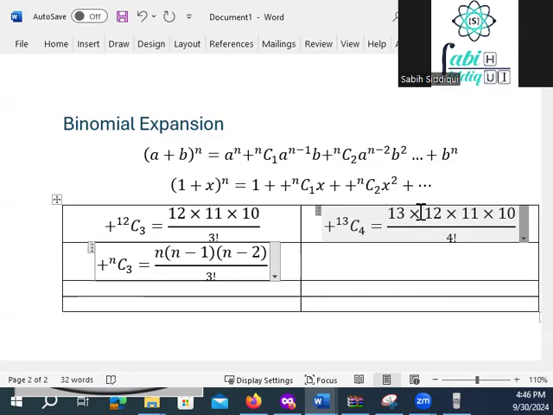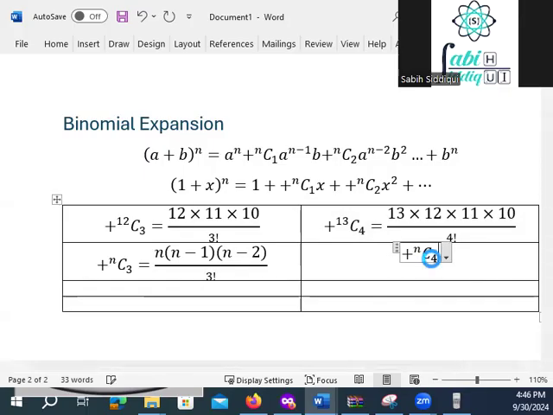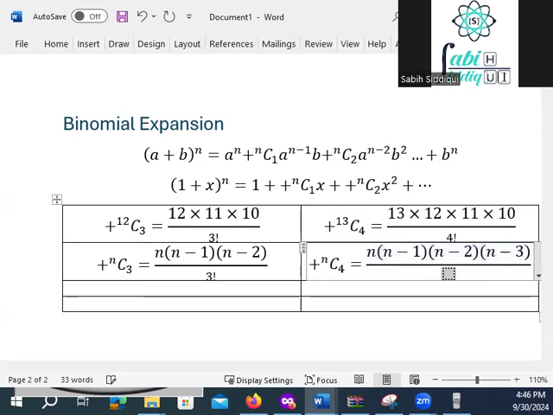First write this down, कि किस तरीके से हम NC3, NC2 को generally break it down. Similarly, what is NC4? N, N minus 1, N minus 2, N minus 3 and divided by 4 factorial. हो गए ना 4 नंबर, clear?